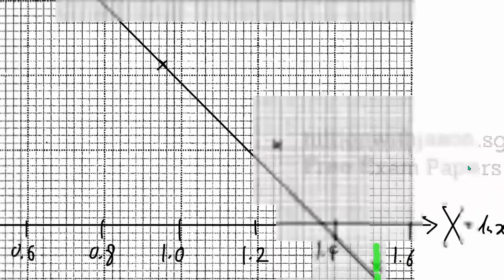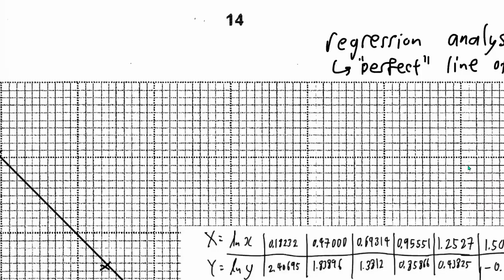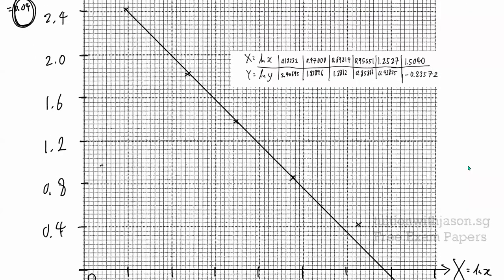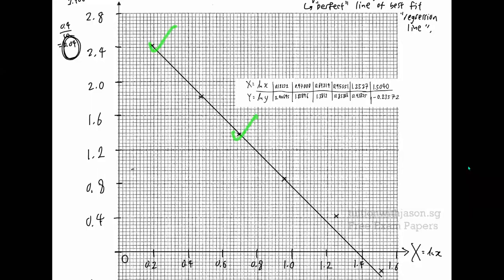Out of habit, I like to make it pass through the first point. You don't need to. Just try to make it pass through as many points as possible. So here I think mine looks kind of okay. It passes through 3 points. There's 1 point that's below, 1 point that's above, another point that's above. I guess that's roughly good enough.